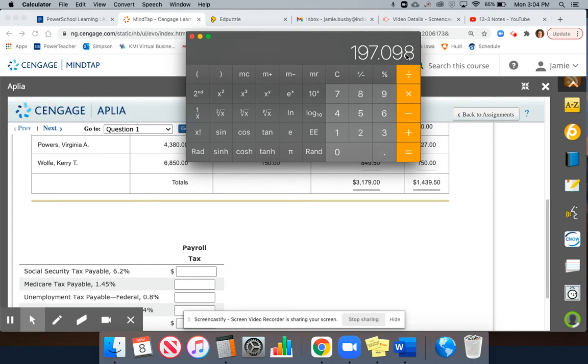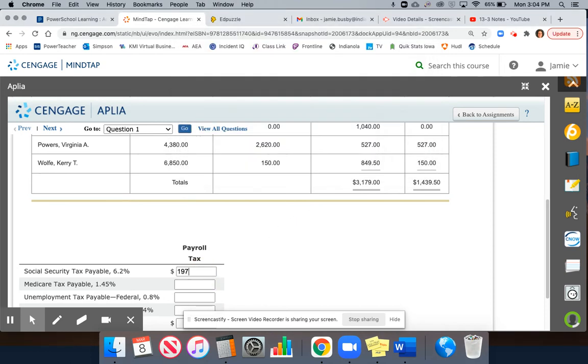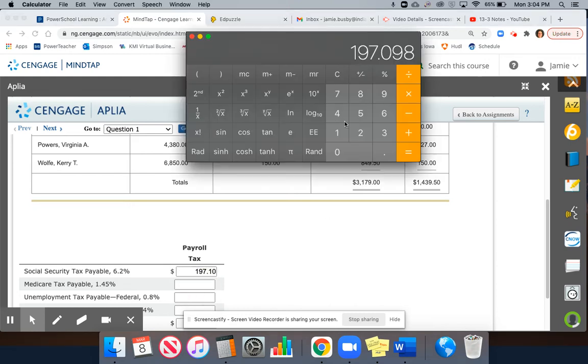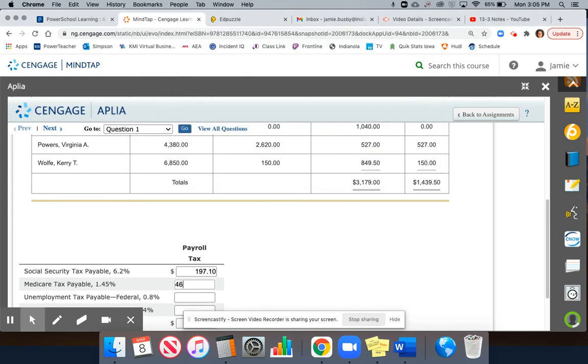That 8 makes the 9 go up. We're always rounding to the nearest penny, also known in math as the nearest hundredth, so the second place over. So $197.10. For Medicare, we take that total, $3,179 times 0.0145 to calculate our Medicare, $46.10.